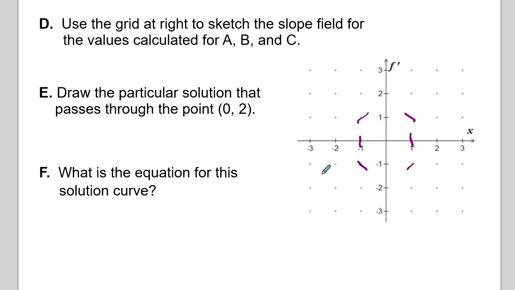Then we can go on to (1, 1). We already did that one. Let's see, where are we? At (2, 2), we've got -1. And at (-1, -1) and (-2, -2), we've got -1. What's going on at (-1, 2)?